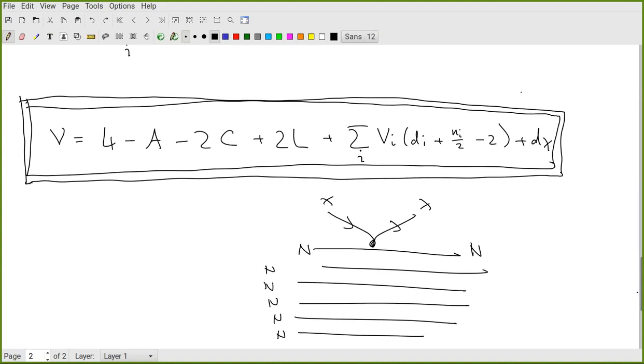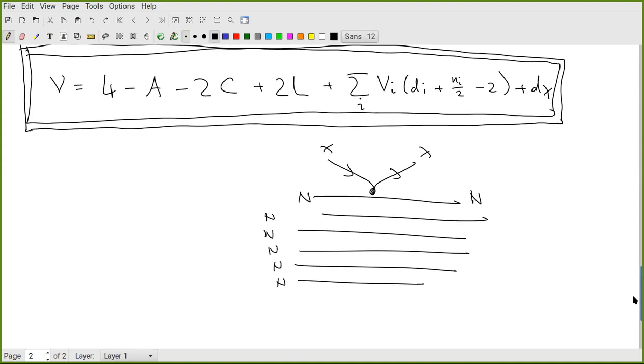Okay, and now what you see is, first of all, for a given type of interaction, you should minimize the number of loops.